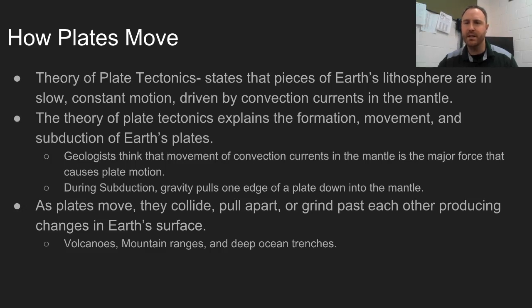When this happens, it creates things like volcanoes, mountain ranges, and deep ocean trenches. So that helps to explain why we have trenches, mountain ranges, and volcanoes found within the ocean floor. When we get into our earthquake unit and volcano unit, you'll see that that effect also is what causes them on land versus in the water.